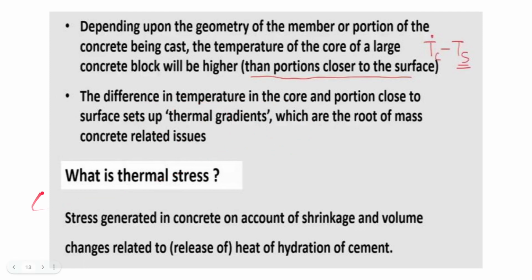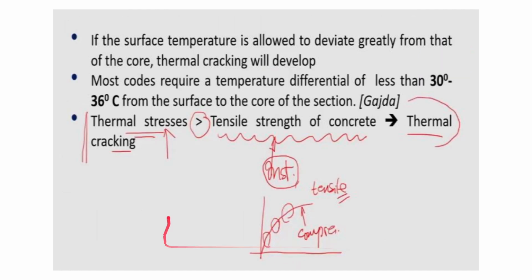Mass concrete. So what is thermal stress? Thermal stress is basically generated in concrete on account of shrinkage and volume changes related to the release of heat of hydration of cement. If the surface temperature is allowed to deviate greatly from that of the core, thermal cracking will develop.